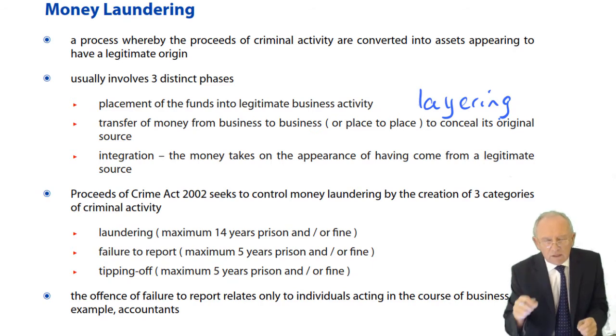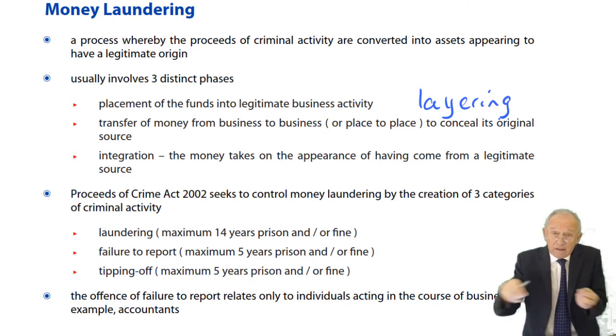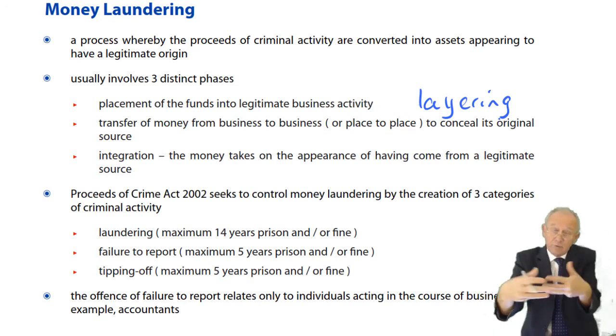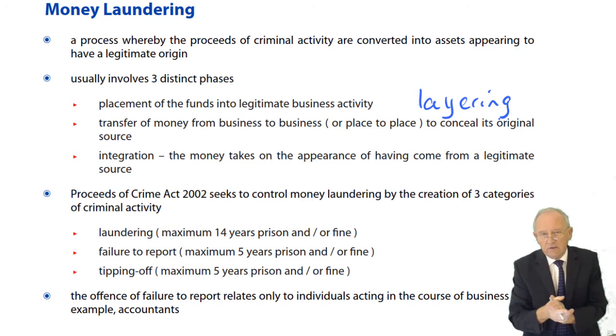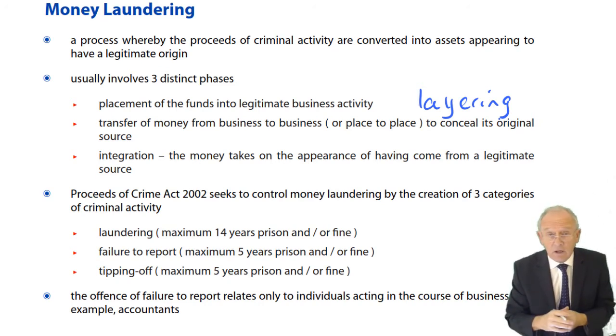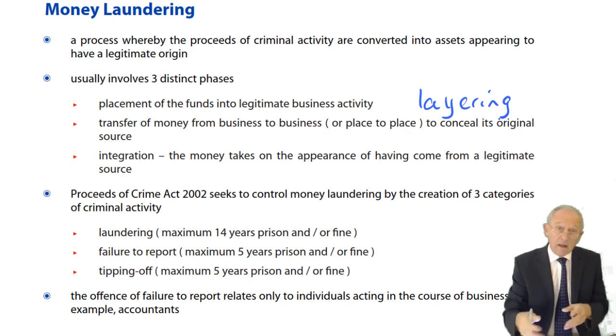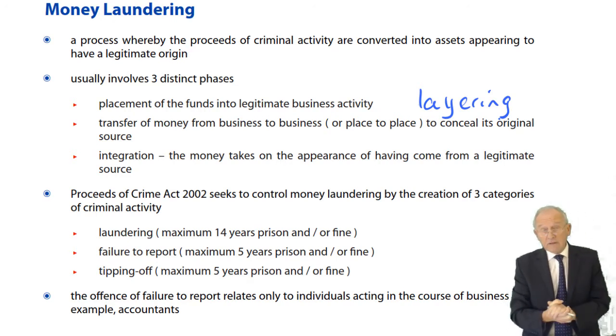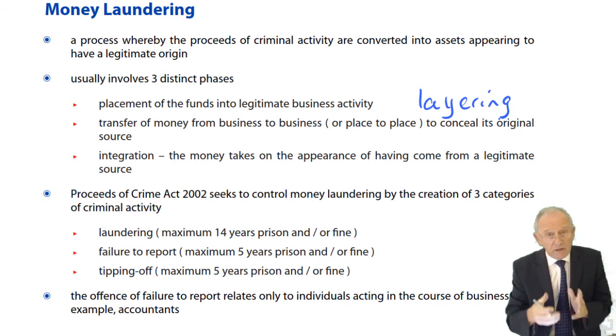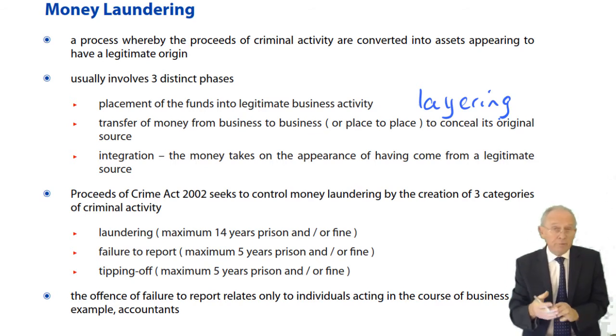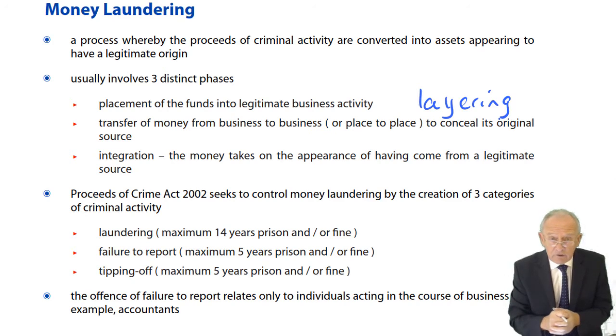So it's extremely difficult to follow the cash trail. And then finally, integration, when we get it back from these various locations and we integrate it back into society. So having paid our tax on our 5,000 dirty money, we have now cleaned that money, and we're back again with 3,000 out of the 5,000. And so that's the process: placement, layering, and integration.